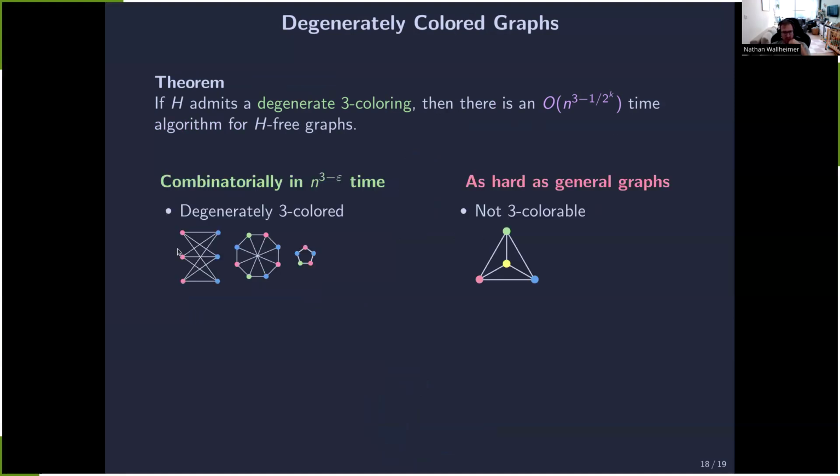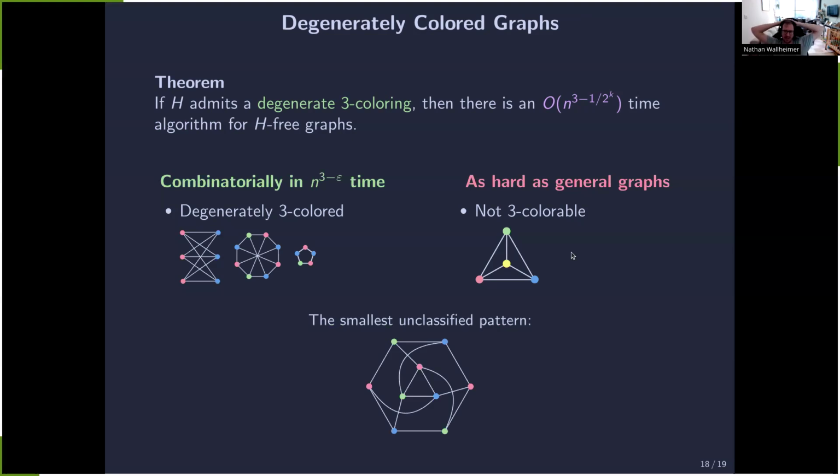And the picture looks as follows. So we have the degenerately 3 colored patterns, or more precisely, the patterns that admit such a coloring. We can find the coloring in constant 3 to the k time if we need. And on the right, we have the non-3 colorable patterns.